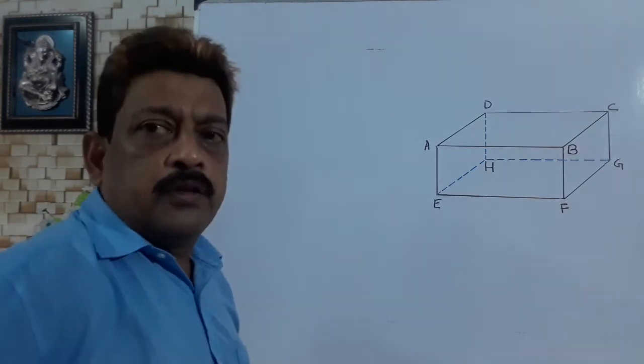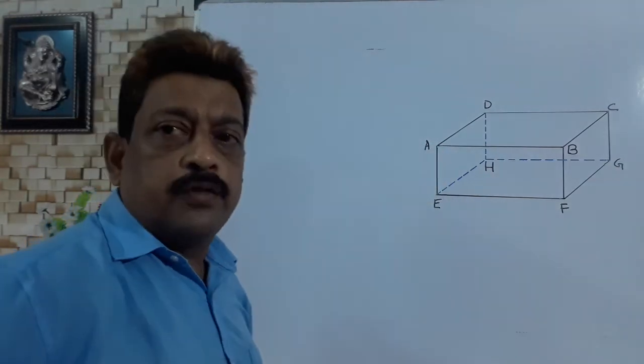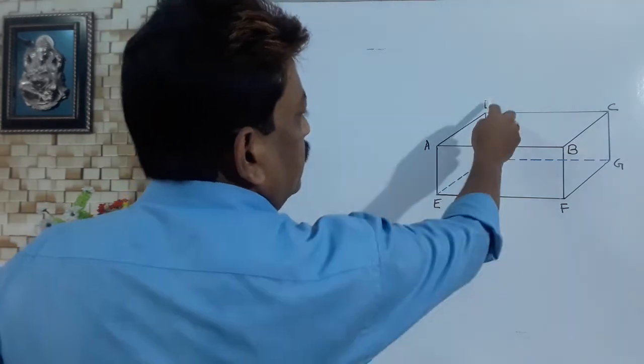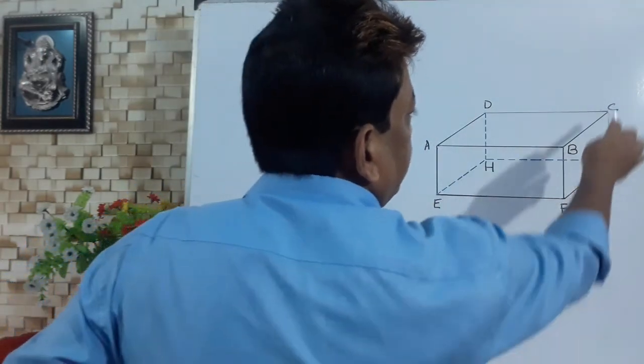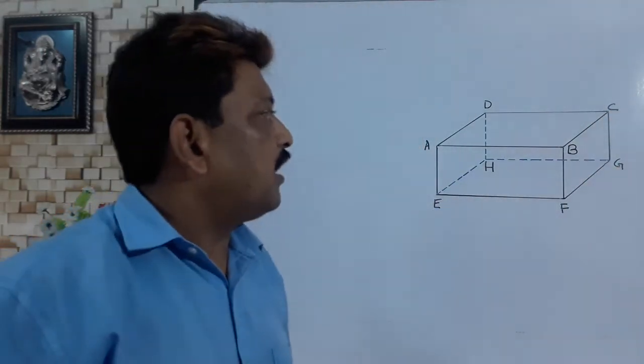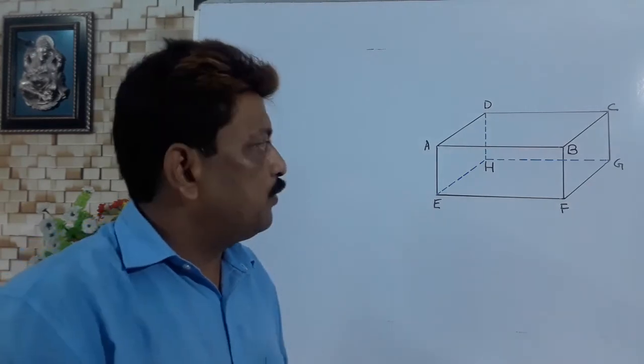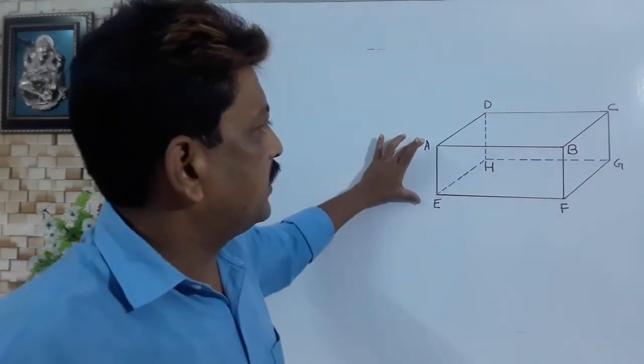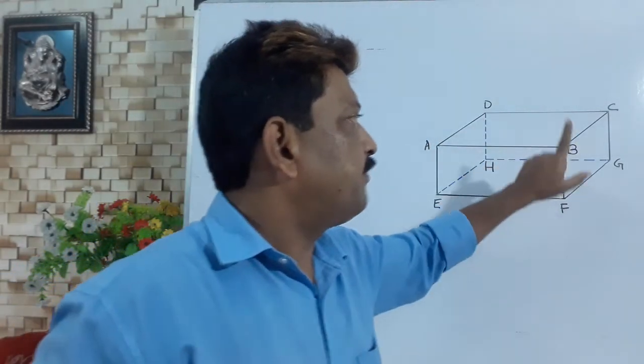So there are 4 line segments, that is 4 breadths. Similarly, heights AE, DH, BF and CG. This denotes the height of the cuboid. So there are four heights, that is AE, DH, BF and CG.